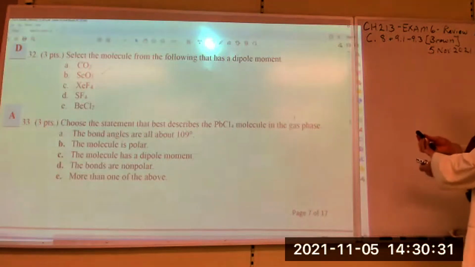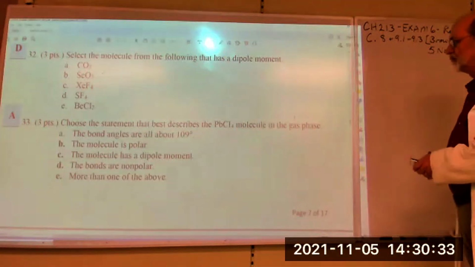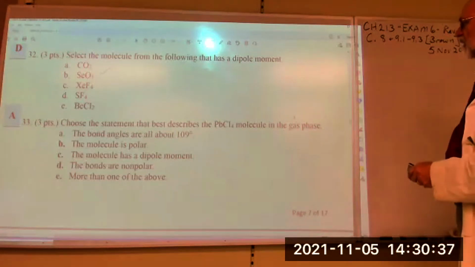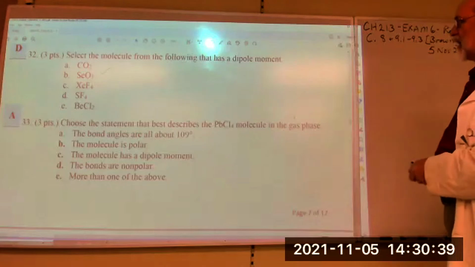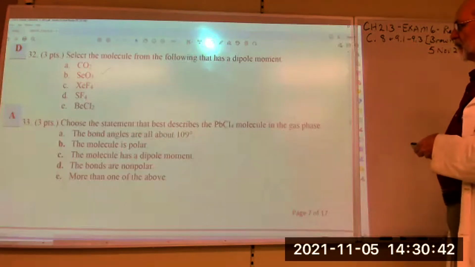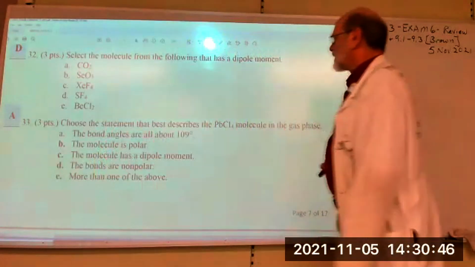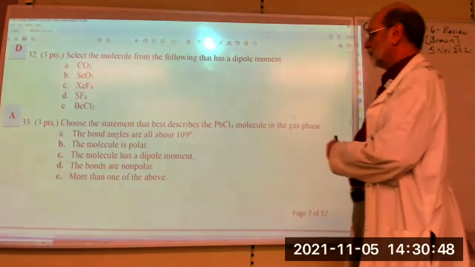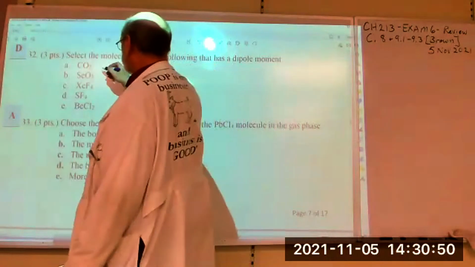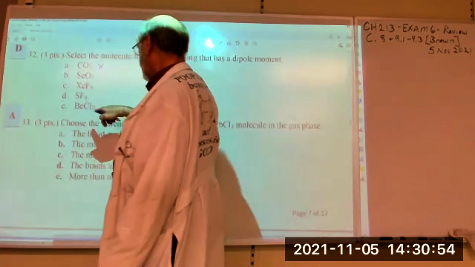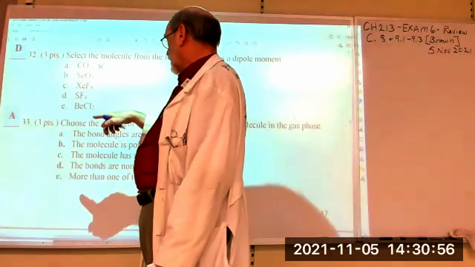Let's see. Maybe this color will work. Select the molecule from the following that has a dipole moment. Okay, CO2 we know doesn't have one. That one doesn't have one. Beryllium dichloride, right?